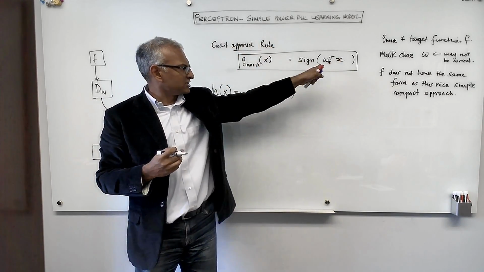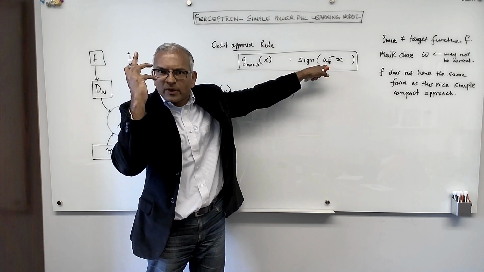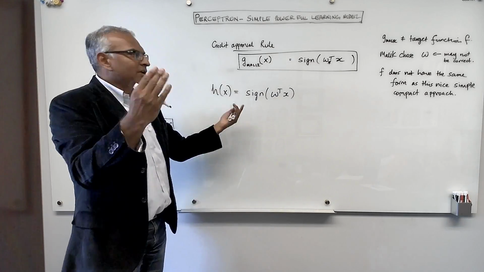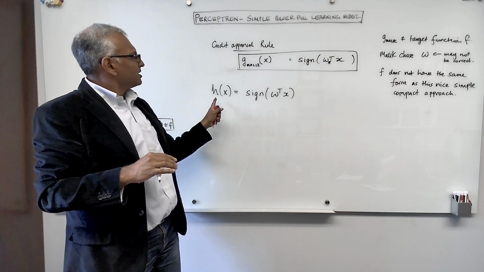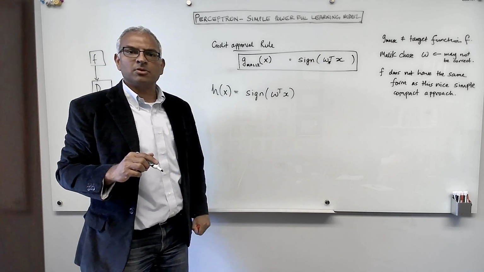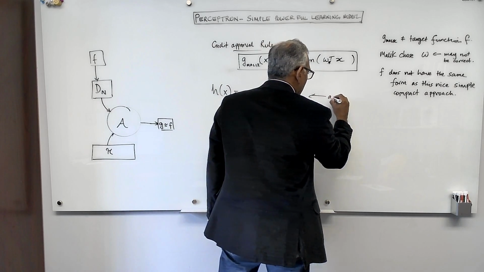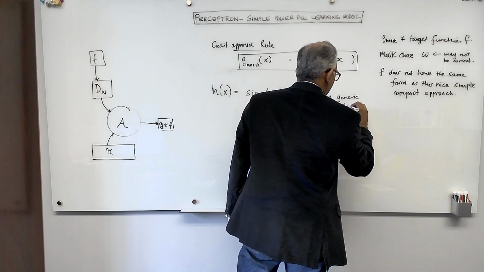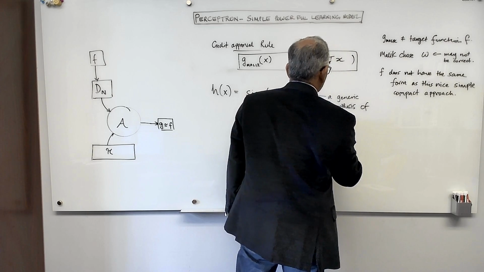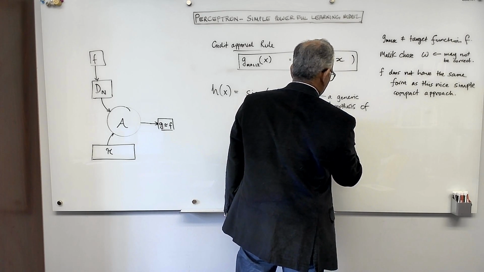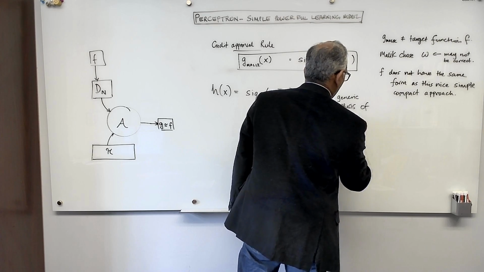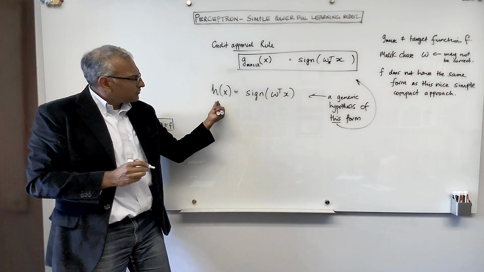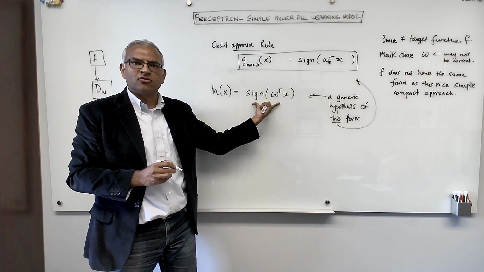They're Malik's weights corresponding to the 10, the -5, the 1, 0, etc. But a generic hypothesis of this form could be represented as h of x equals sign of w transpose x. And now that I've come down to this generic hypothesis of this form, we can consider all the possible weights w that can be used in here, and that defines a set of hypotheses.